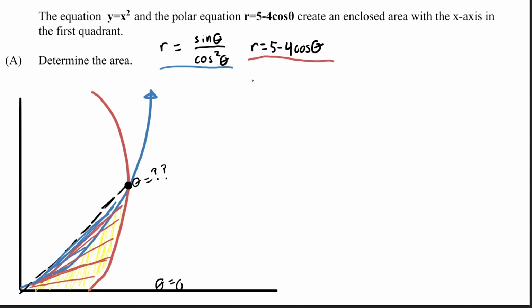Okay, so because my calculator doesn't allow me to find intersects in the polar plane, I'm going to use a little bit of a workaround. I'm going to let r equal y. So for this equation, we have y equals, and then I'm going to have theta equal x.